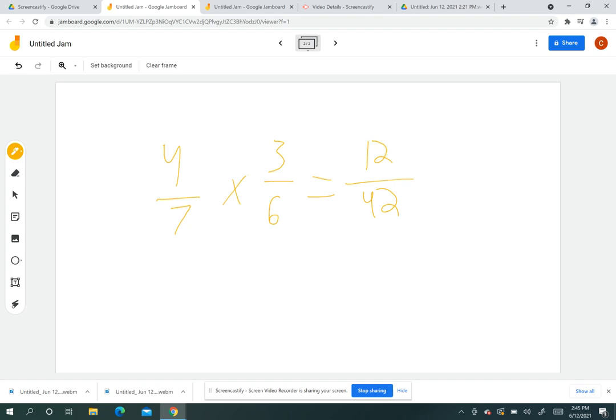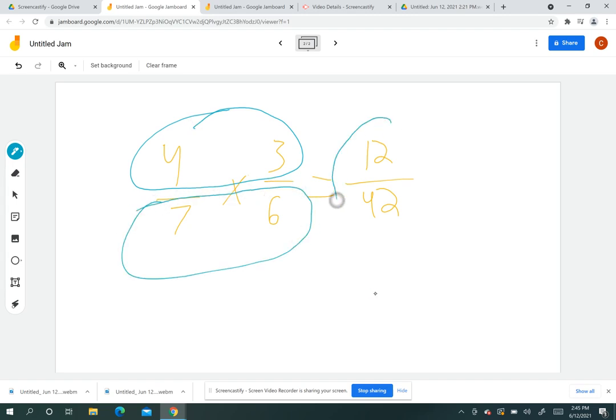Now, as you can see, all you're doing is taking the top, multiplying them, taking the bottom, multiplying them, and you get your answer. But as you can see here, 12 and 42 both have a number that can divide into them, which would simplify the fraction.